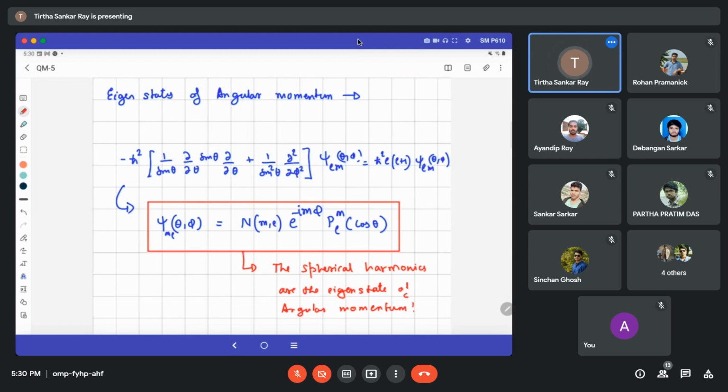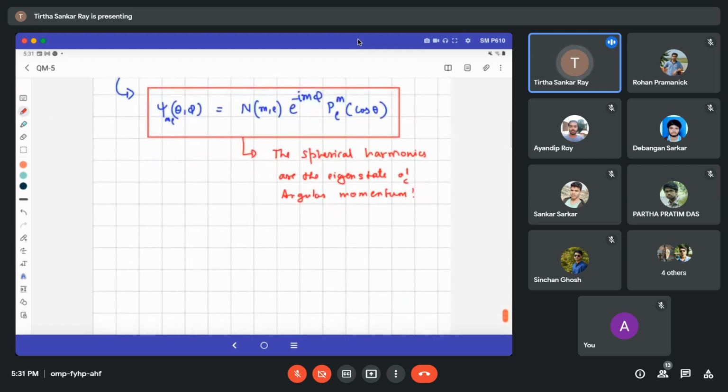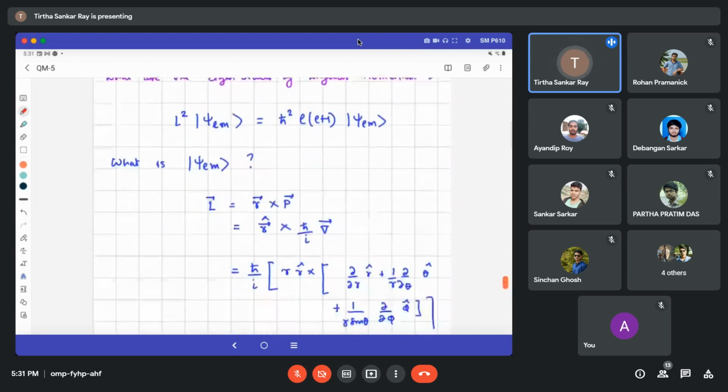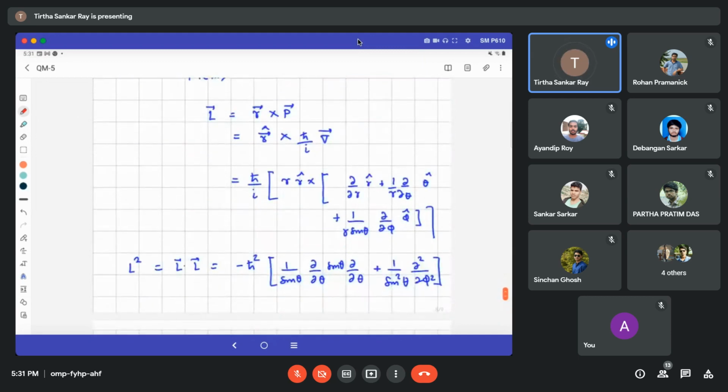But there is a small surprise. What is the surprise? If you followed the discussion done by Rohan, you must have seen that when you think of L square, the angular momentum, as an operator related to real rotation along the theta and phi axes, there is this angular momentum. After all, this operator formulation comes because you are assuming the angular momentum is happening because something is revolving in the theta phi directions, and due to that motion it has some angular momentum.